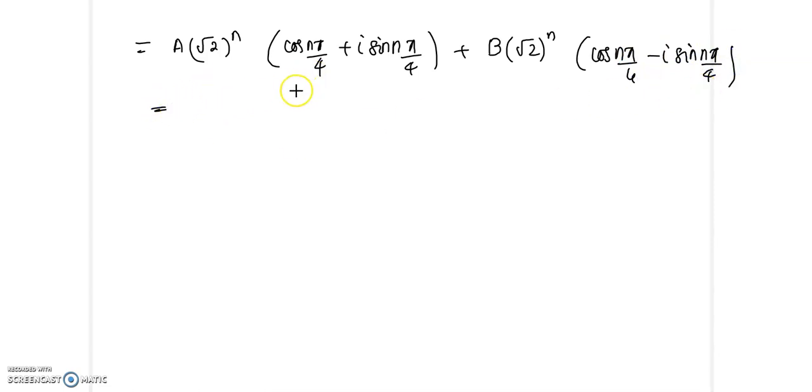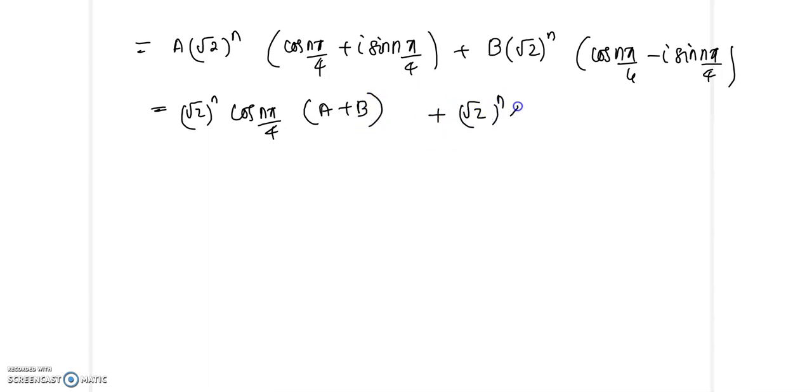So taking the coefficients of cos n pi by 4, we get (root 2)^n cos n pi by 4 into (a + b), plus (root 2)^n sin n pi by 4 into i(a - b).